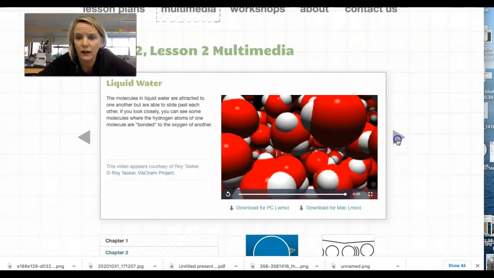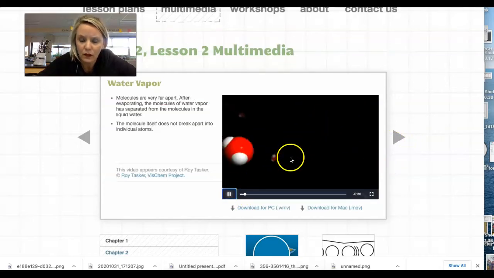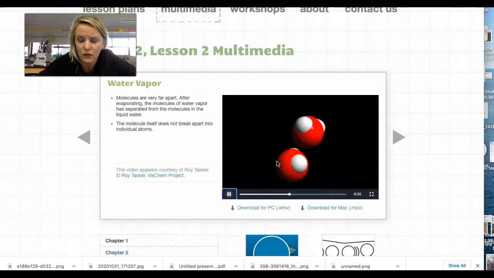Now if we look at water vapor, water vapor is the gas form of liquid water. You see that the molecule is the same. We have 1 oxygen and 2 hydrogens, but there's a lot of space in between these, right? Lots of space. And they're floating around really randomly like gases do.